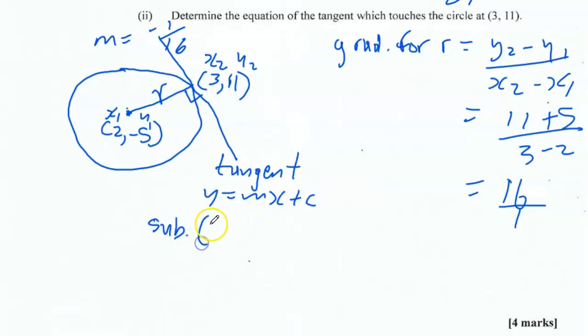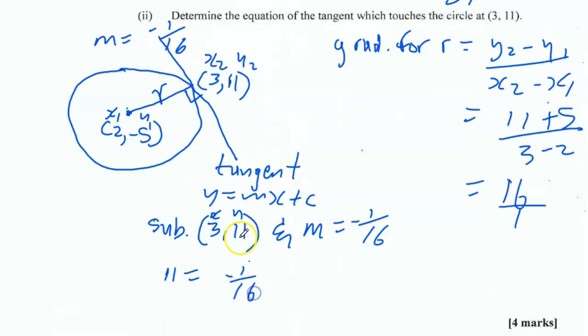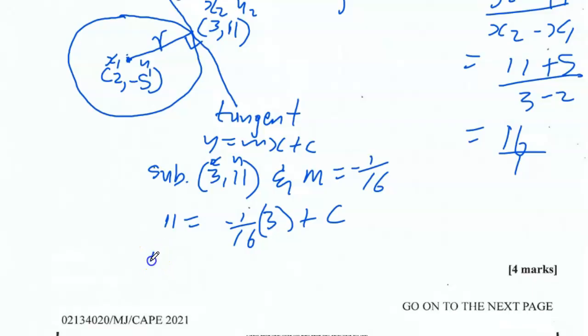So we know the tangent line passes through 3, 11, that's where it touches the circle. And m for the tangent is negative 1 over 16. So substitute x is 3, y is 11. So replace y with 11, m is negative 1 over 16, x is 3, plus c. So solve for c. We have 11 equals negative 3 over 16, plus c.